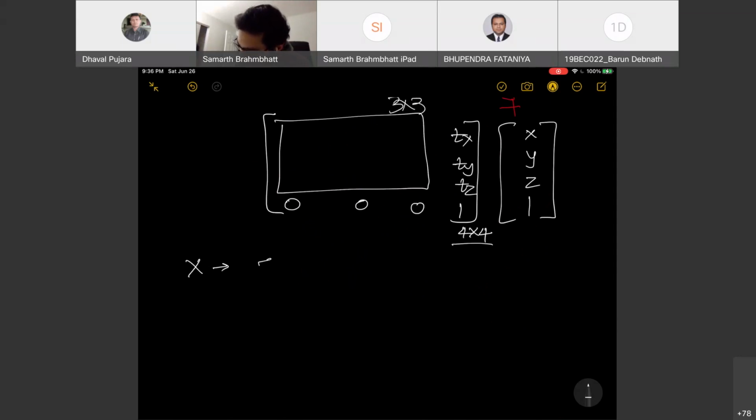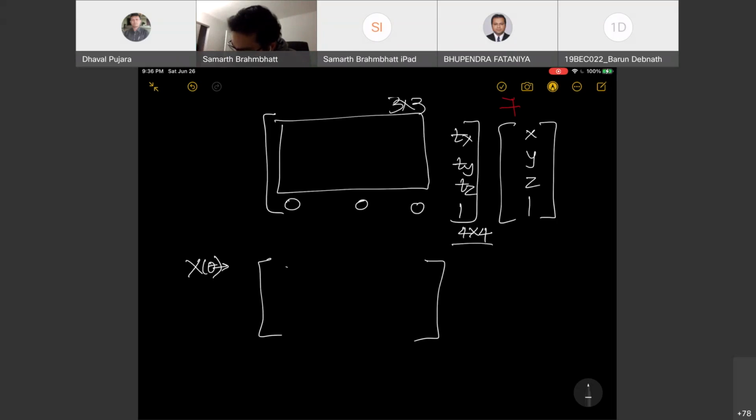I'm not going to derive it. You can derive it at home if you want to. Rotation around x-axis by angle theta will be... one way to remember it is when you rotate around the x-axis, the y and z coordinates of the points change. The x coordinate does not change, right?